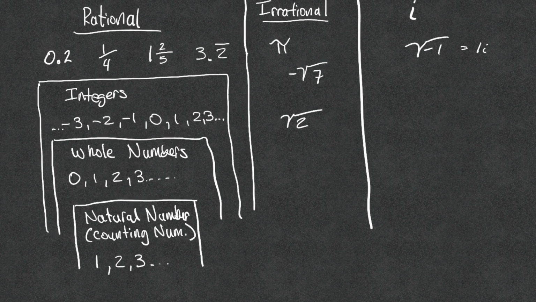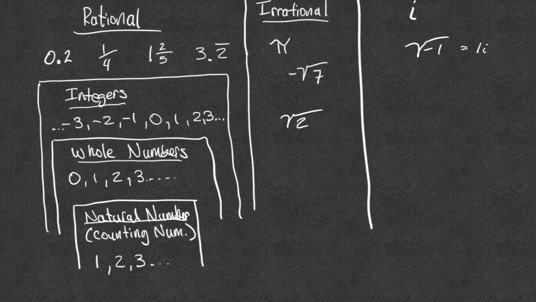Now these are sort of nested, and what we have to think about is that integers are also rational and real. Whole numbers are included in the integers, rational numbers and real. Natural numbers are also whole, integer, rational, and real numbers.